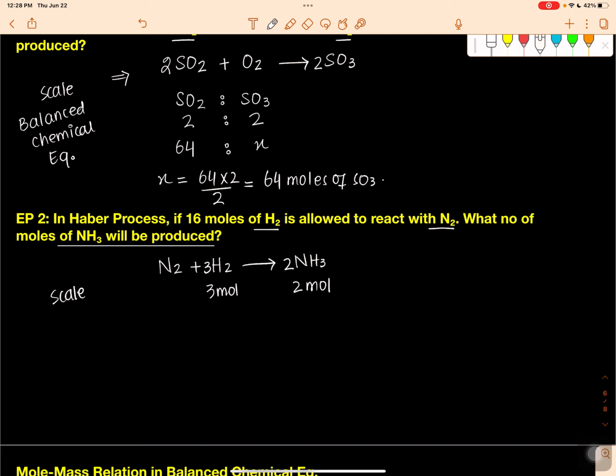So this scale tells me that if I have hydrogen to ammonia, then 3 moles are producing 2 moles. So 16 moles will be producing how much? That is X. So X is equal to 16 cross 2 divided by 3.